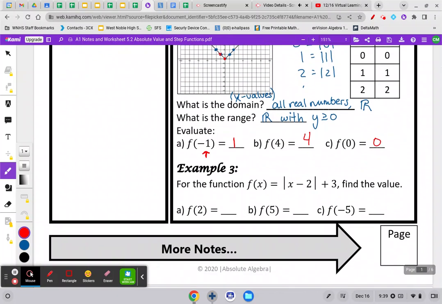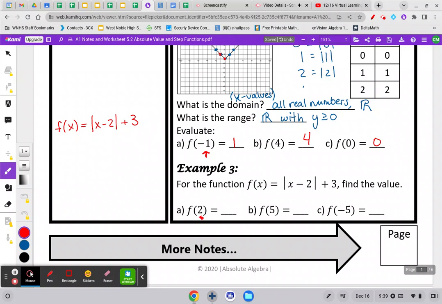This example here gets a little crazier. Don't freak out. It's totally fine. It's just like what we did yesterday, except now we have to plug in the numbers. We're not just given the numbers pre-plugged in. So we have our function. I'm going to rewrite it over here, give us some workspace. I am going to plug in 2 for x.